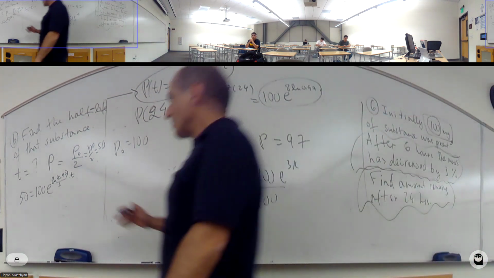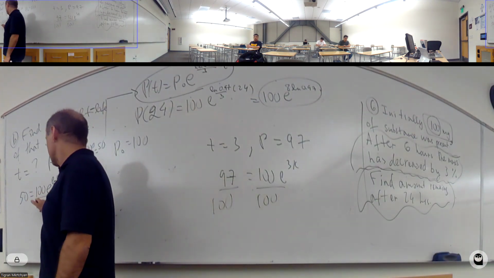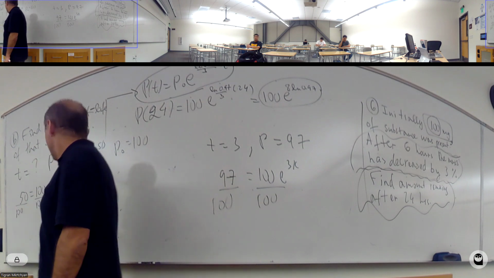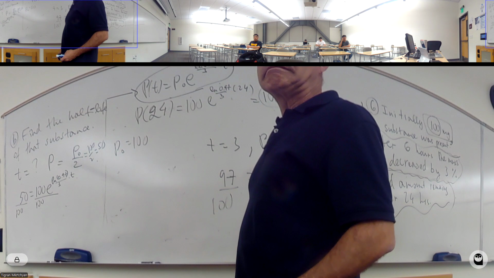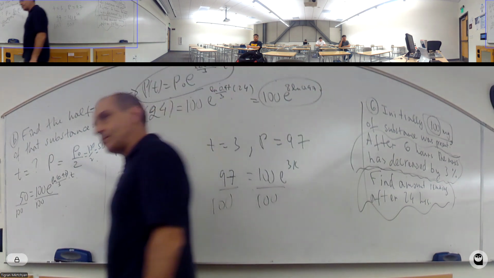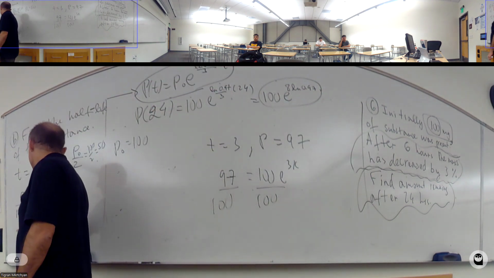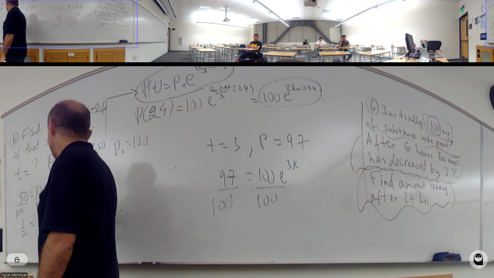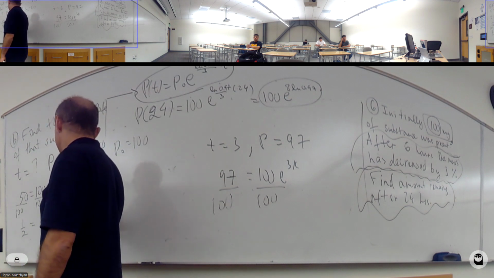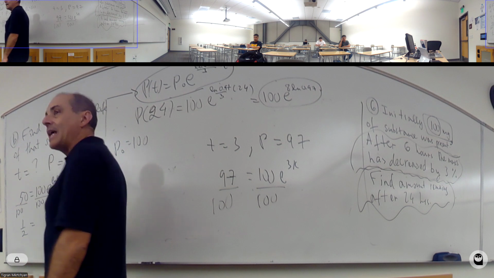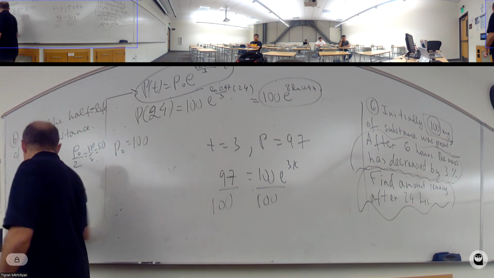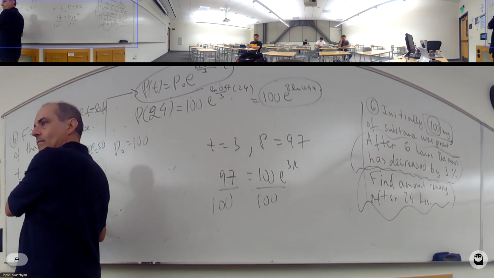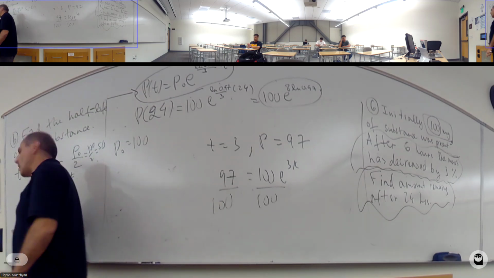Divide both sides by 100. I don't know whether to write it as a fraction or as a decimal. Let's write 0.5, because we only have a decimal here anyway. 0.5. Now if you have questions, please let me know.